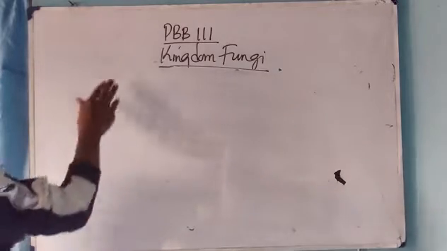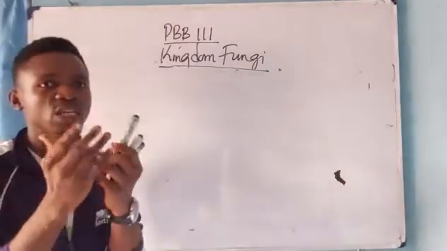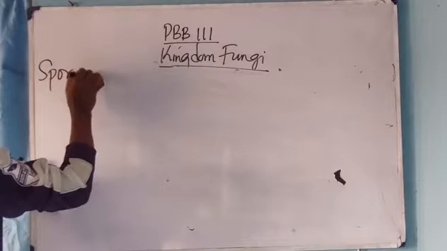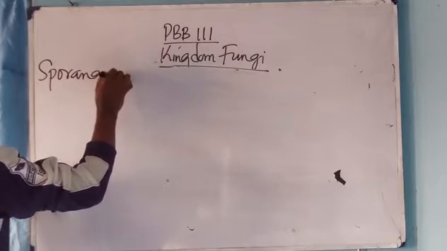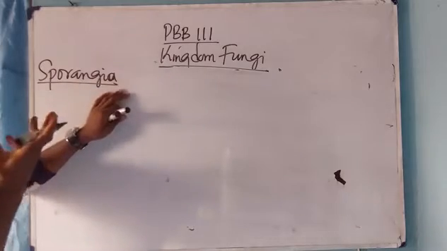Now, there are some fungi that have their spores in a structure called sporangium or sporangia. Sporangia is that part that houses the spores.